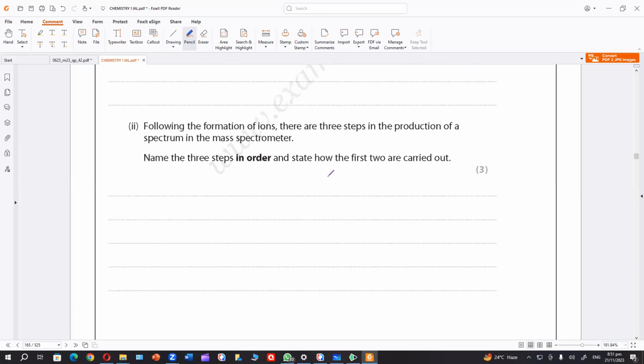Following the formation of ions, there are 3 steps in the production of a spectrum in the mass spectrometer. Name the 3 steps in order and state how the first 2 are carried out. After the formation of ions, we accelerate them.